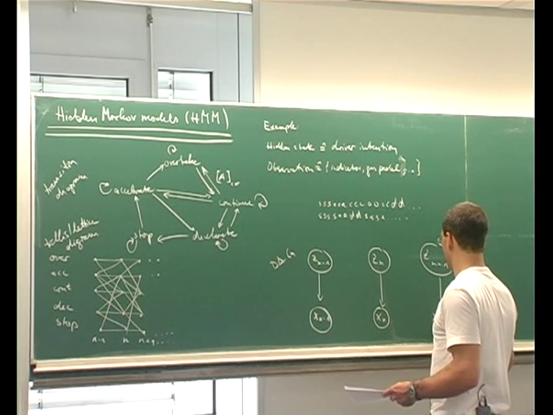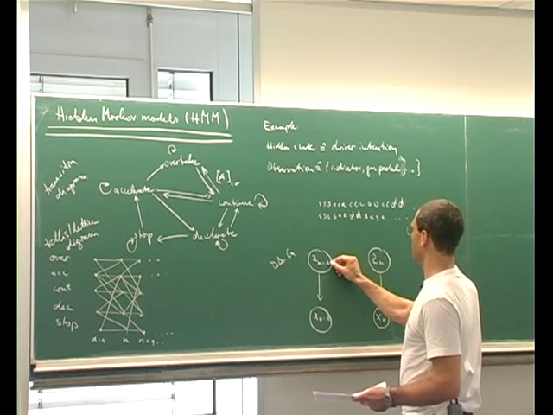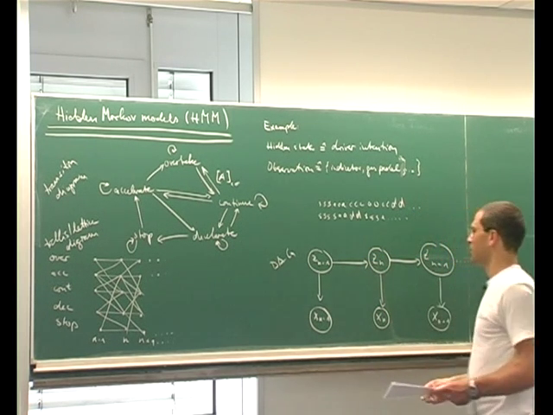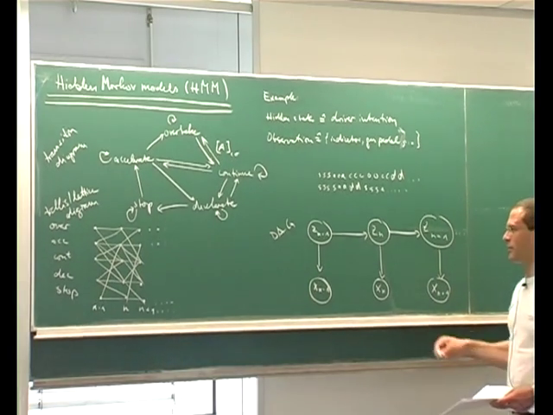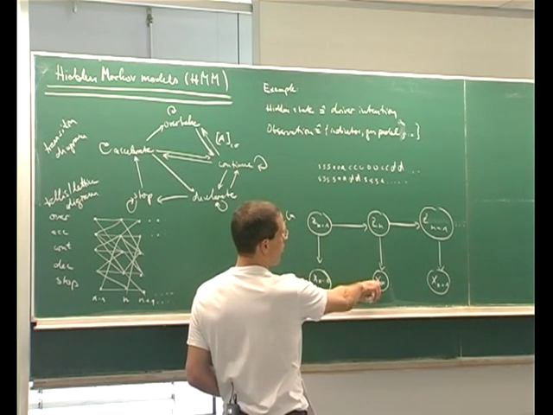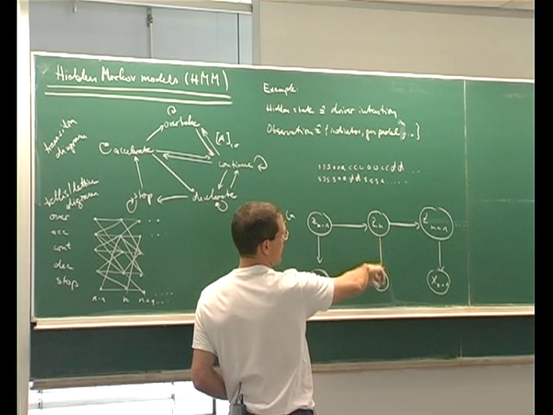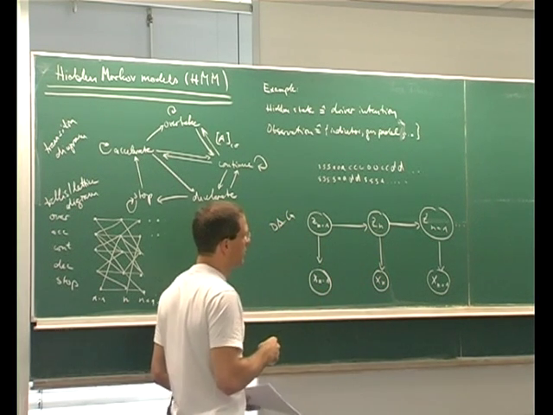And you see that we have a lot of conditional independence assumptions here. So what this model tells us is that the observation at time n only depends on the hidden state at time n, and is conditionally independent of the rest.